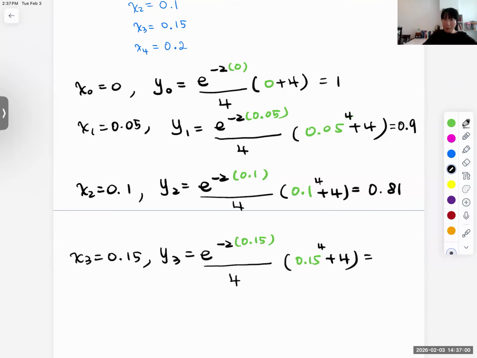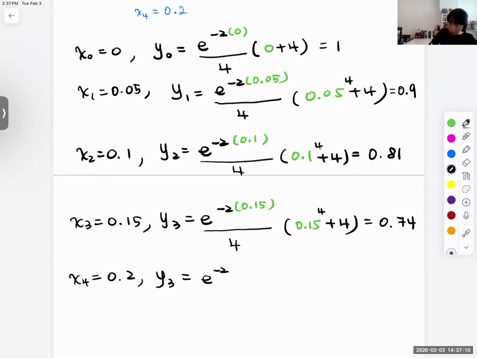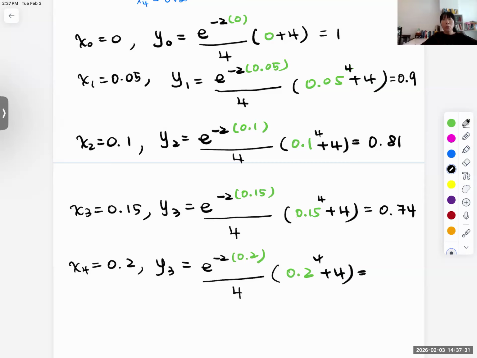Okay, last one. x sub 4 equals 0.2, y sub 4 equals e to the negative 2 times 0.2 over 4, times 0.2 to the fourth power plus 4. What do you get? Not 0.74, 0.67?